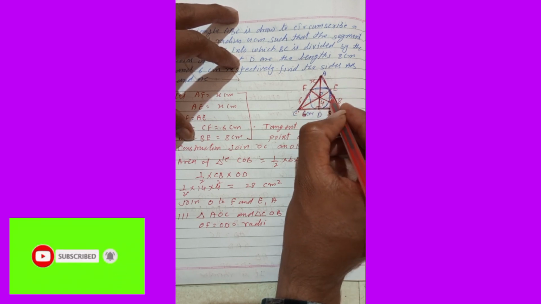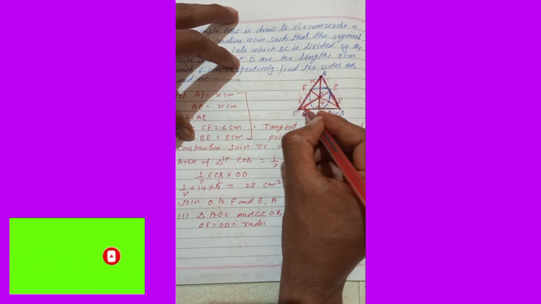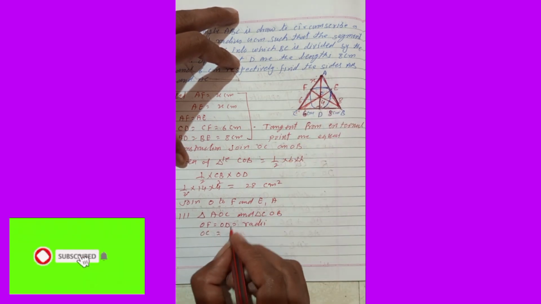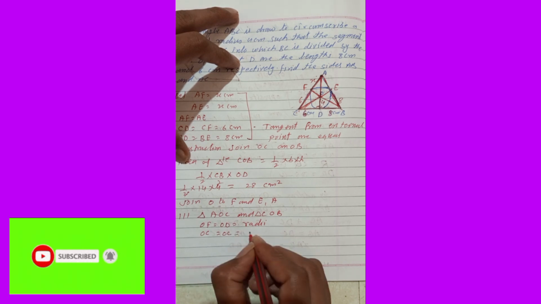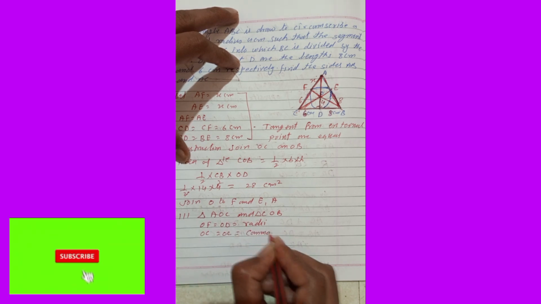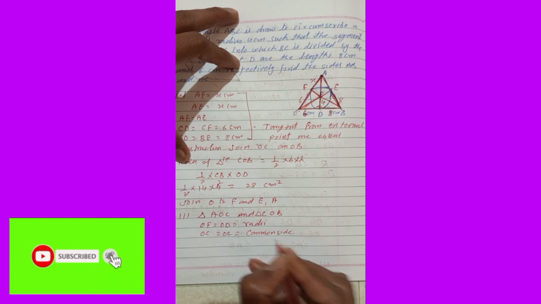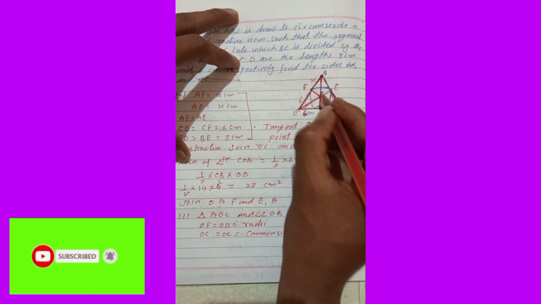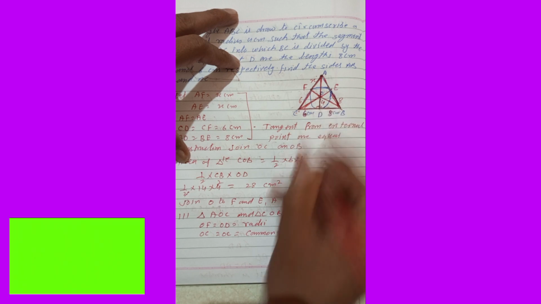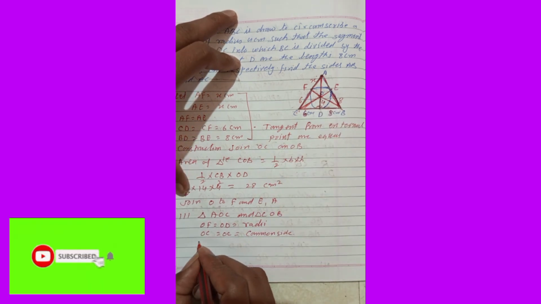Now this is the common side in both. Side OC is equal to OC, the same common side. Like that, these two triangles become similar triangles.